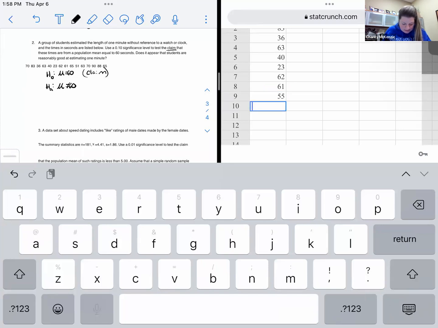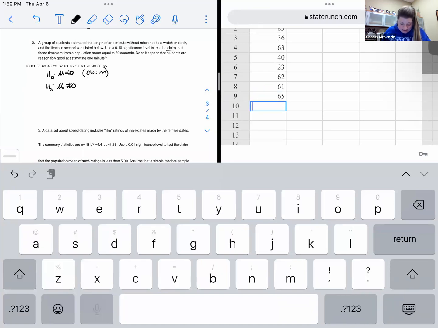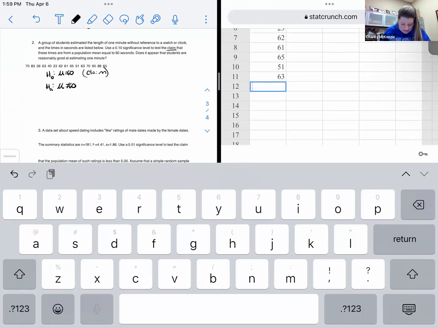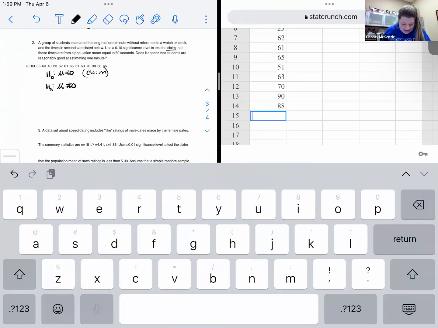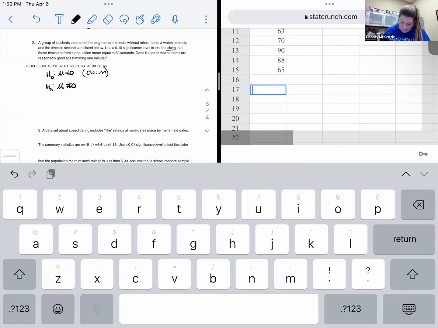I lost my place. Wasn't it 55? 61, 65. That's why. I can't find 55 because there isn't one, 65. 51, 63, 70, 90. And it's so small when I'm reading it. I'm an old lady over here. 90, 88, 65. Okay. So there we go.